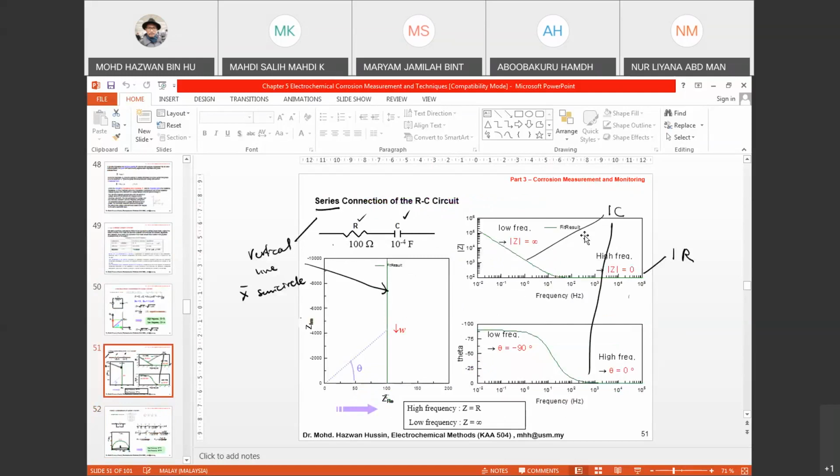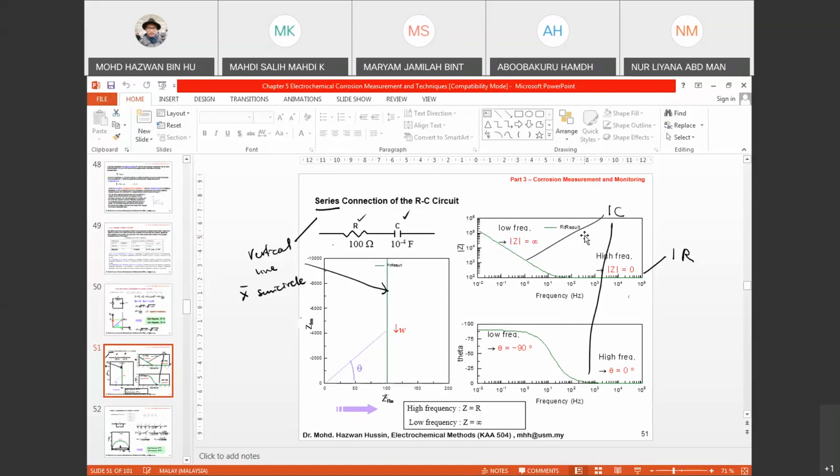So for a series connection for an RC system, resistance to capacitance circuit, okay, from the Bode plot, you can observe that you have one flat line at higher frequency, and then you have one slope or one half capacitance loop, which indicates that you have one capacitor.